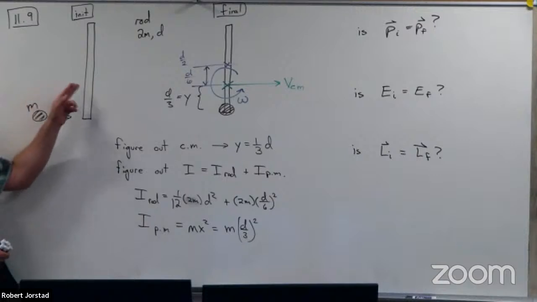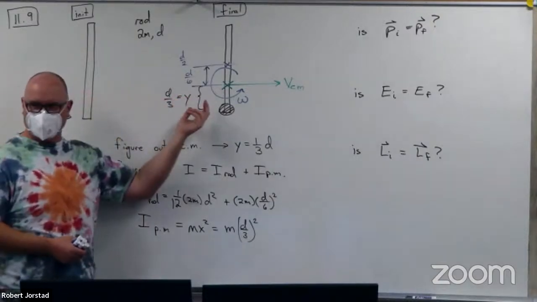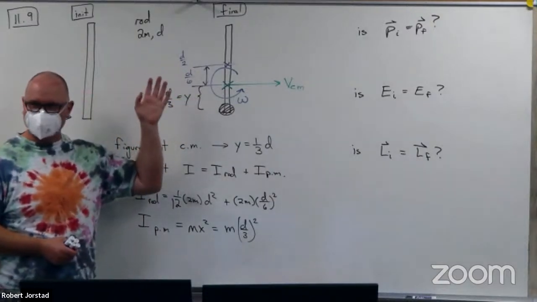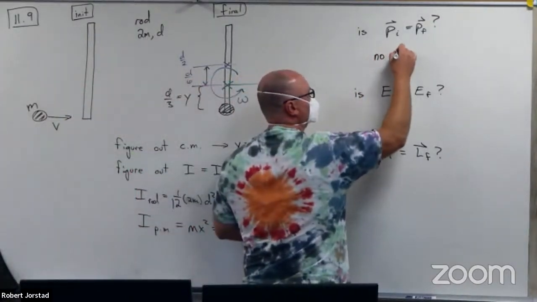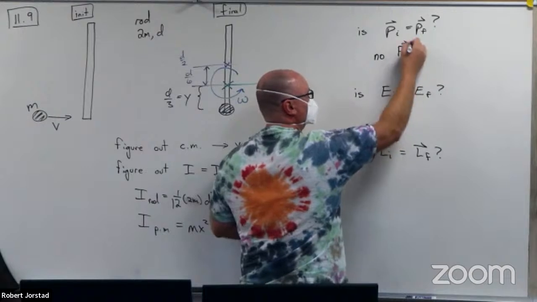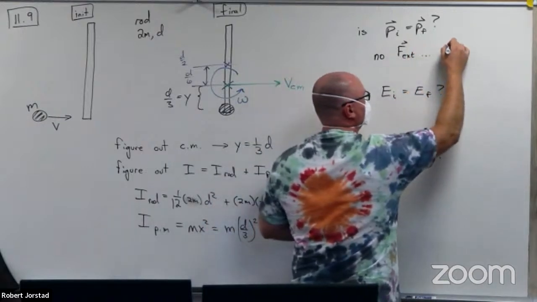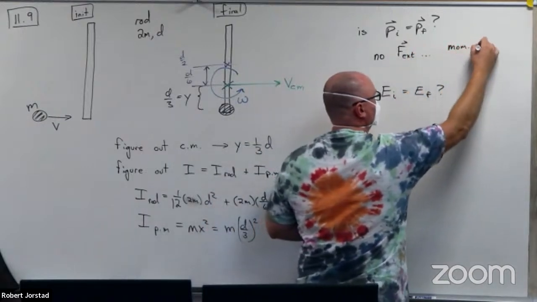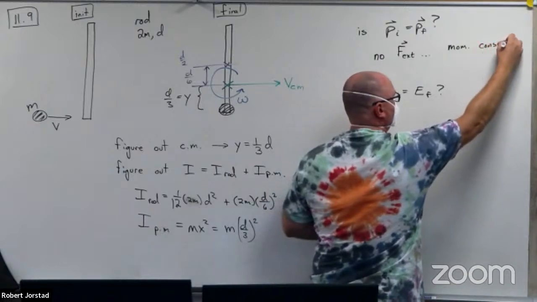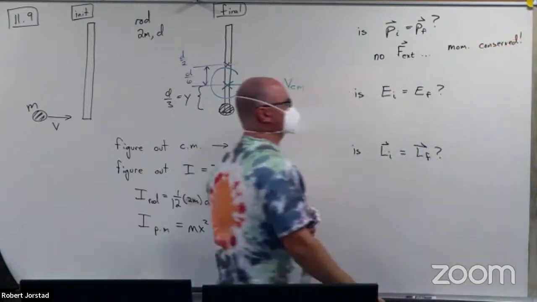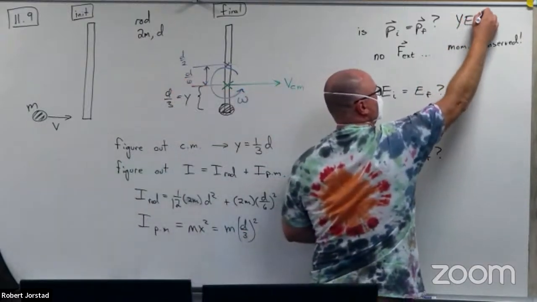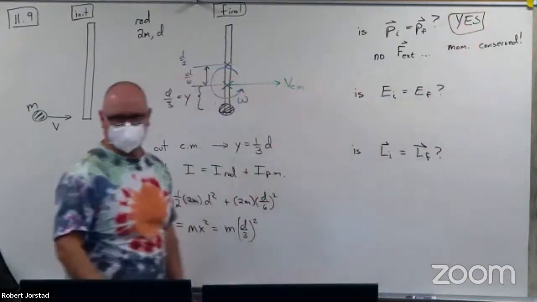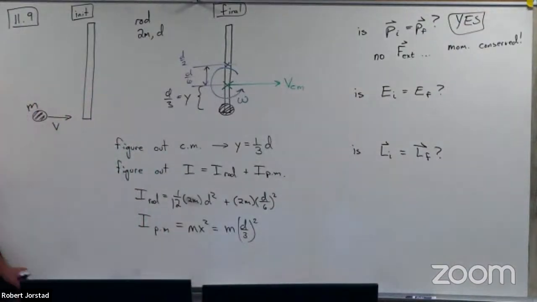Ball exerts force on rod, rod exerts force on ball, but there's no other external forces. We could use it. So the short answer is yes. Is E initial equal to E final for this problem? Yes or no?